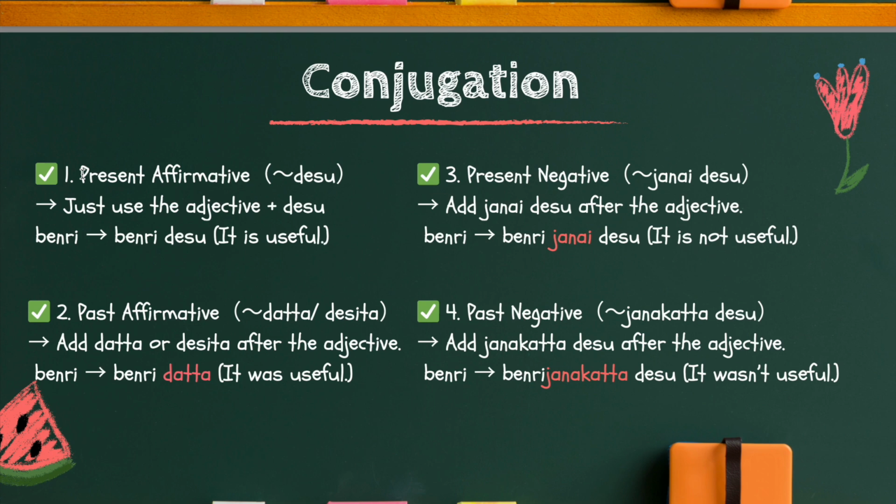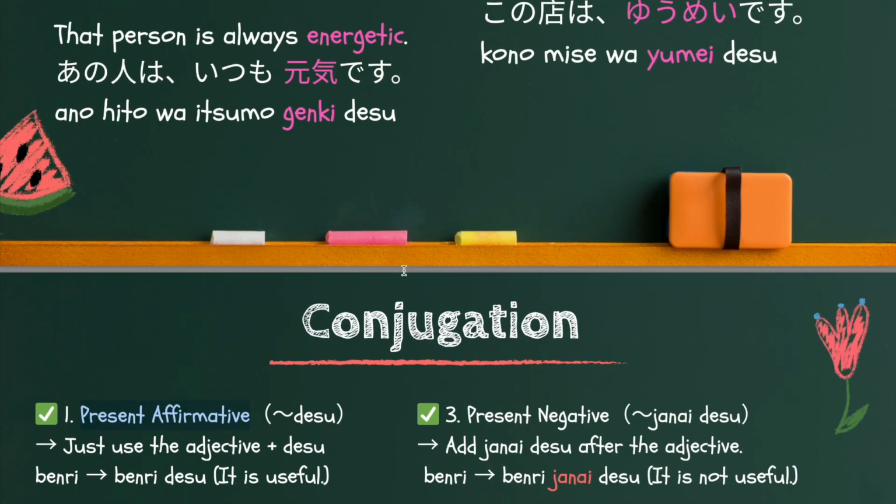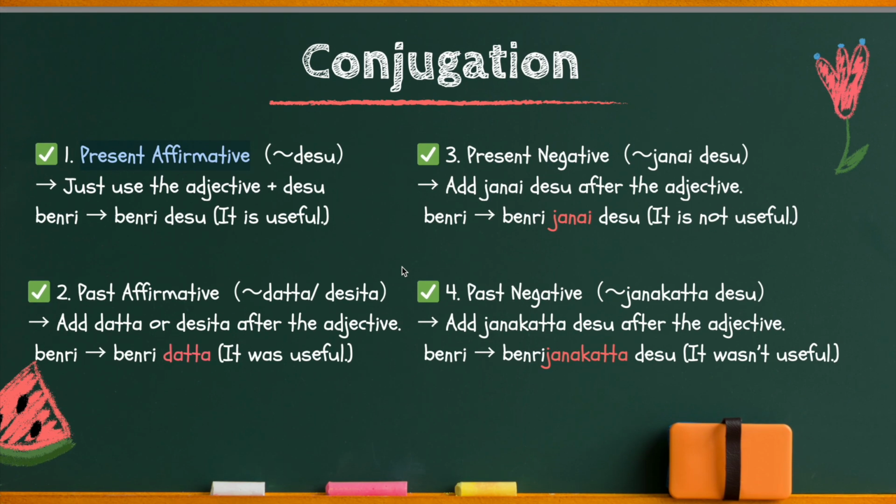First, present affirmative. This is what we have been talking about. X is Y. Present affirmative. This one, just like i-adjective, all you have to do is just use the adjective and then add です. That's it.